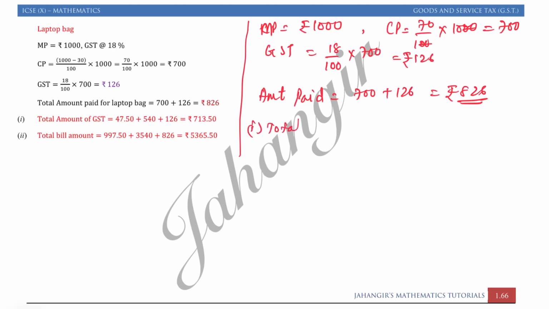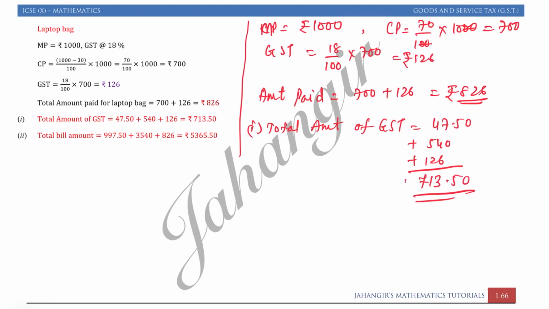In the first part, we have to find the total amount of GST. That is 47.50 for medicine, then 540 for the pair of shoes, plus 126 on the laptop bag. So the total is 713.50 rupees paid as GST.